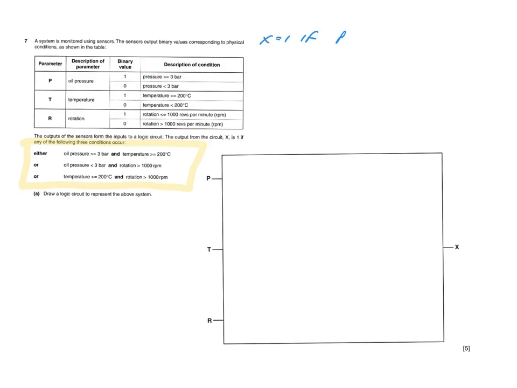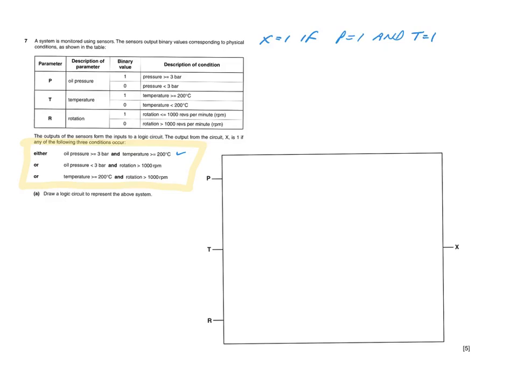So if P is 1 and temperature is greater than or equal to 200 degrees, so that's T is also 1. Okay, so that's the first line done.